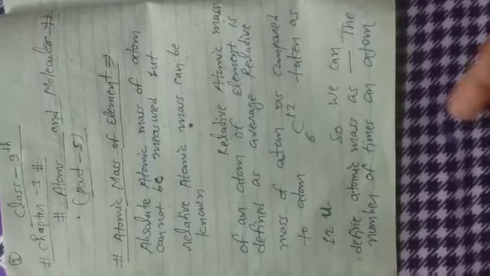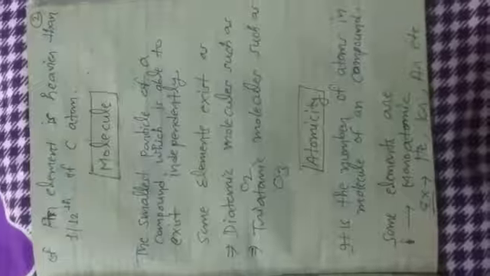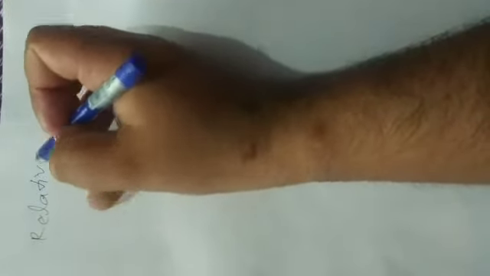We can define atomic mass as the number of times an atom of an element is heavier than 1/12 of a carbon atom. This is relative atomic mass.